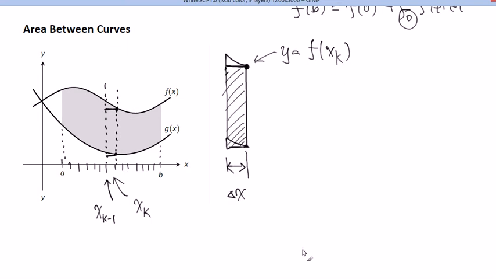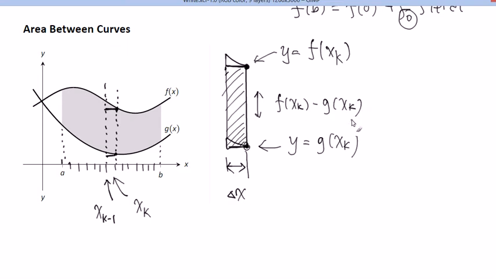All right, that's the y-coordinate. What is the y-coordinate down there? G of x sub k, right? So, if you have a top y-coordinate and a bottom y-coordinate, how would you calculate the distance between these two y-coordinates? Top y-coordinate minus bottom y-coordinate, right?